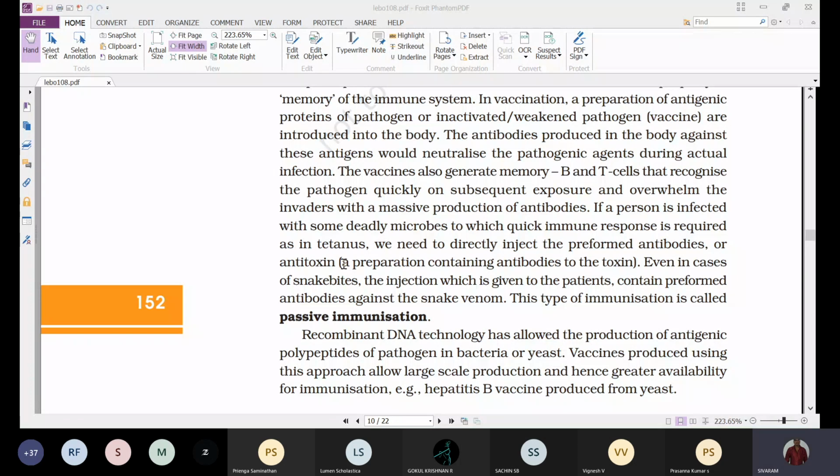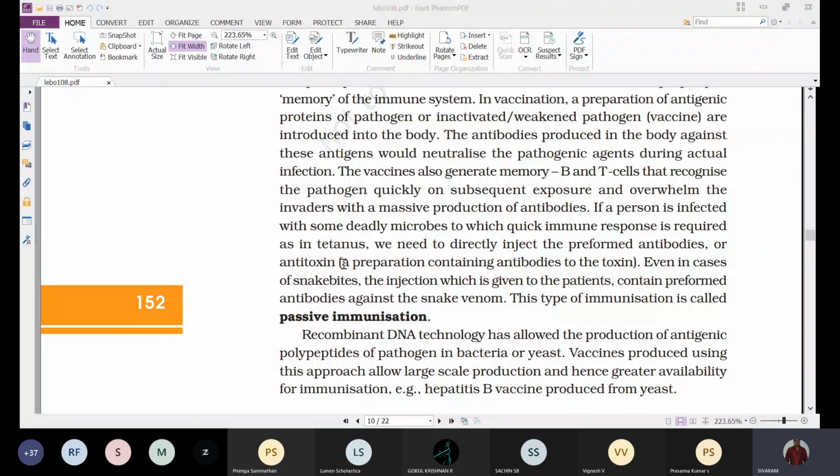But vaccination is considered active immunity, because our body itself will prepare or produce the antibodies, as we are exposing it to the proteins which represent the antigenic structure or the inactivated pathogen that we inject into our body.